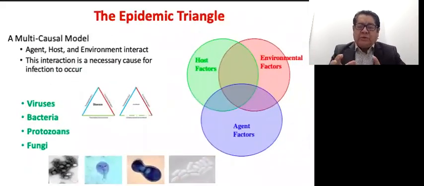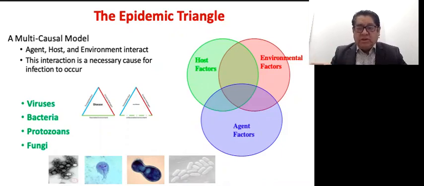The best way to understand the epidemiological triangle is to see how epidemiologists use it to explain the spread of existing diseases. The interaction between host, agent, and environment is a necessary cause for an infection to occur.